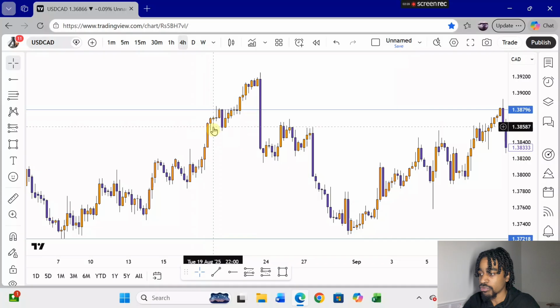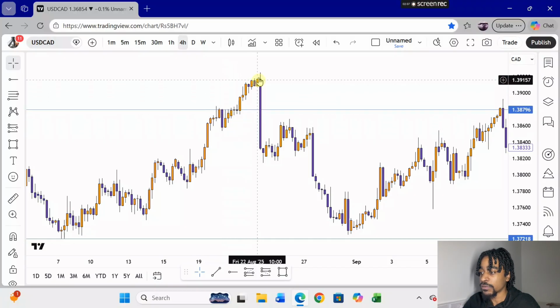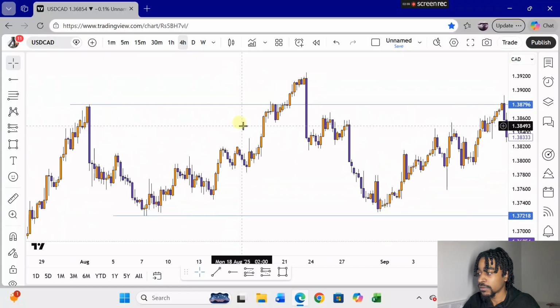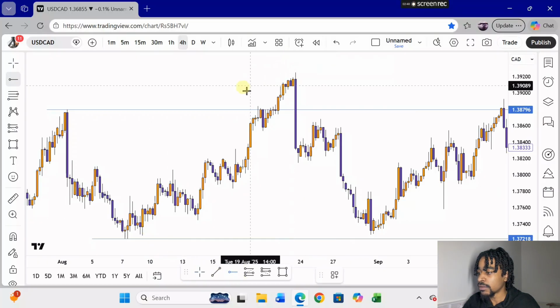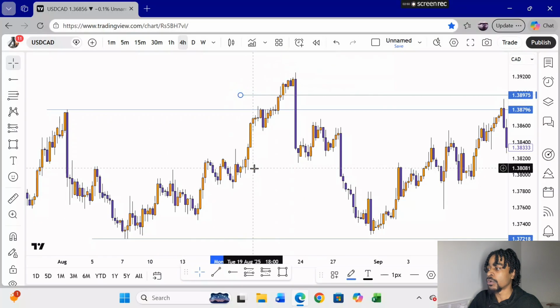We have a doji right here, small candlestick, and then we create a bearish candlestick over here, and then small candlesticks before we burst through the area of resistance to, again, 39000. So again, like I stated, these areas of support and resistance will coincide with the actual number levels themselves.